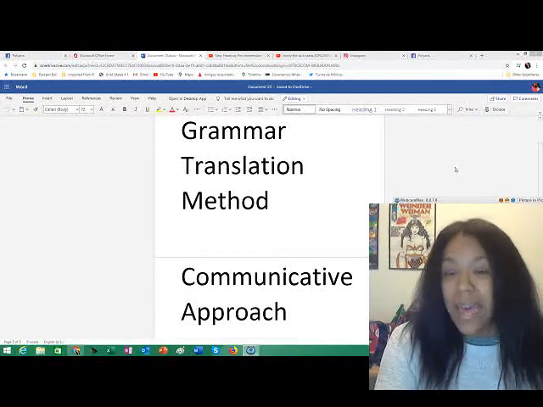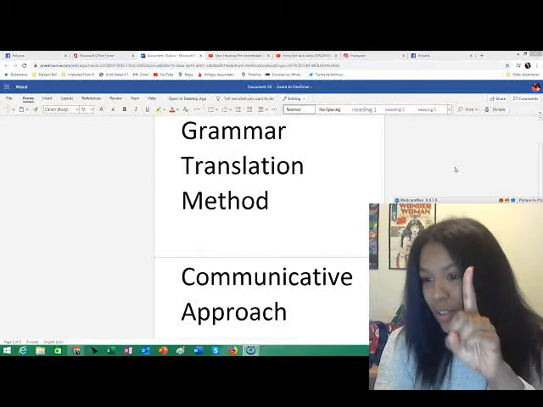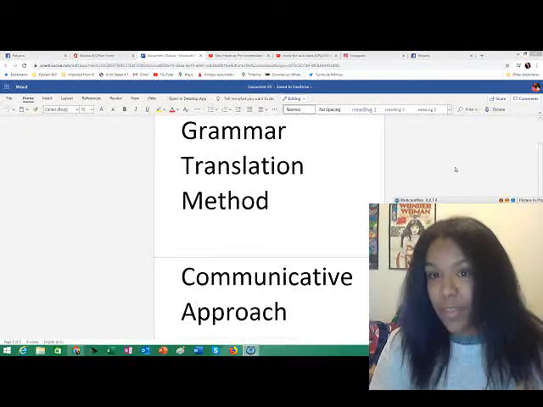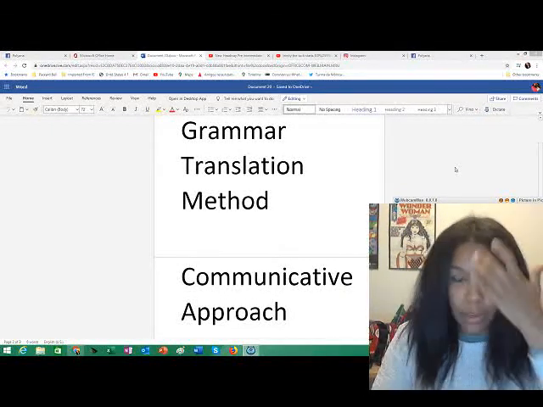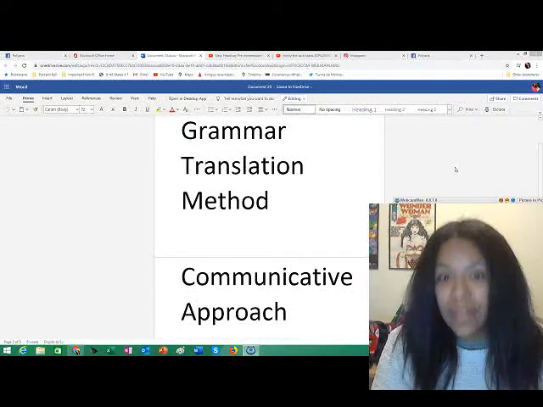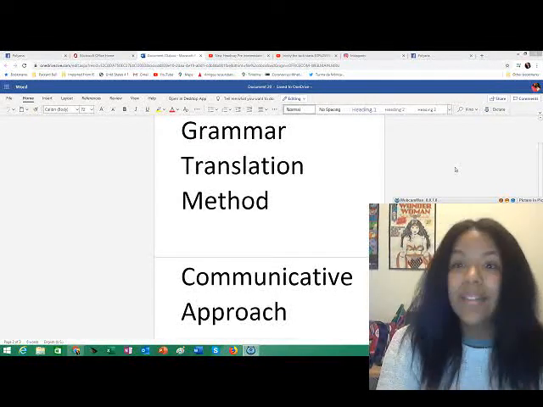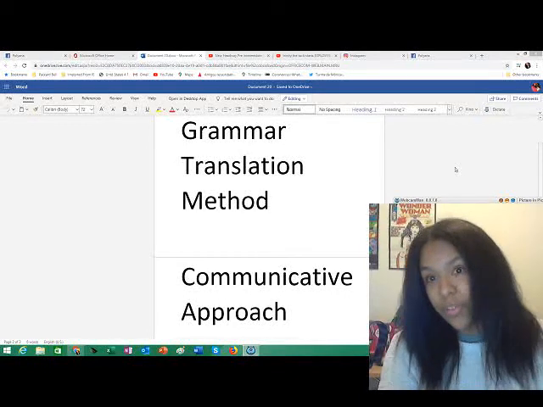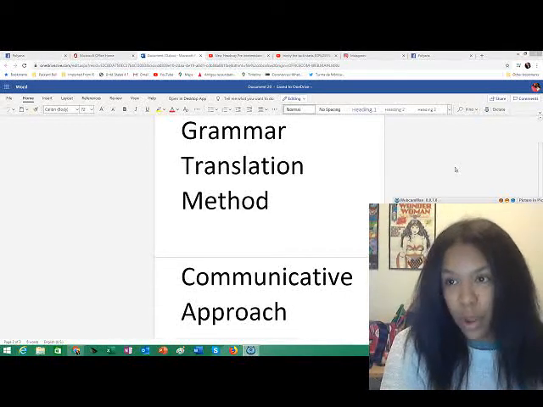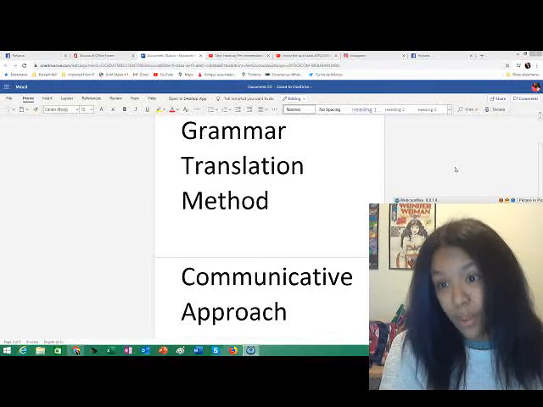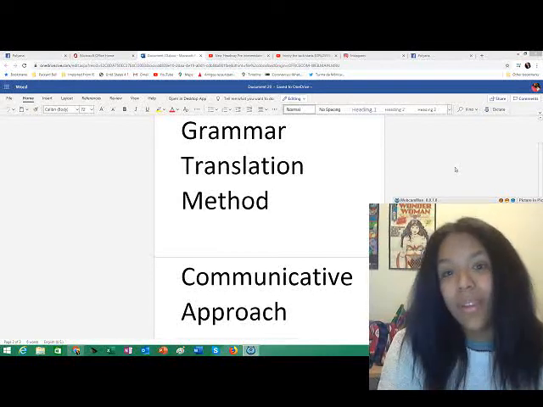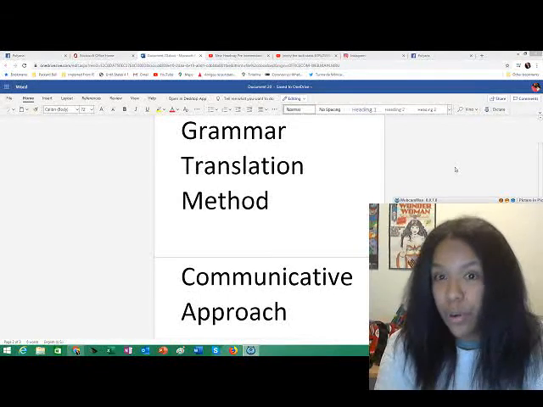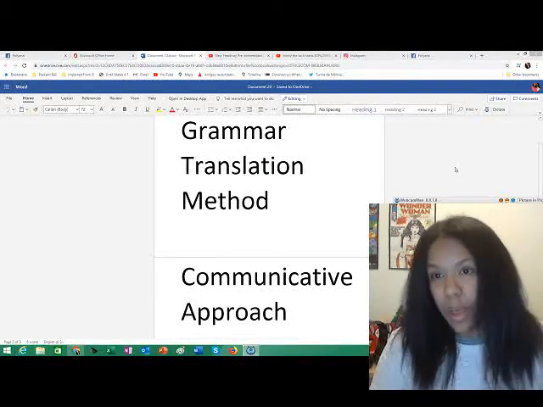I have here behind me two names of methods or approaches to teaching EFL, English as a Foreign Language. The grammar translation method is widely used still here in Norway, although it's very old-fashioned and it was dropped many decades ago. This is how they taught languages back in the First and Second World Wars, when they were just teaching people how to translate things.